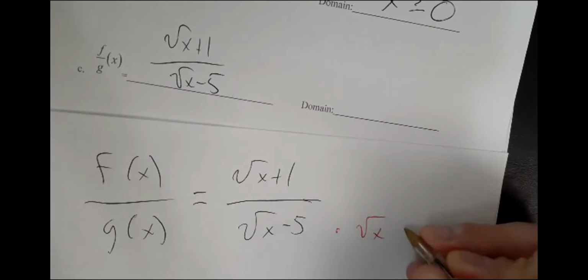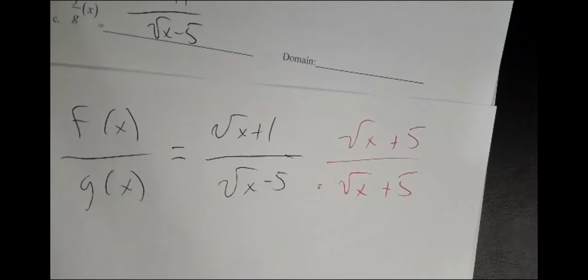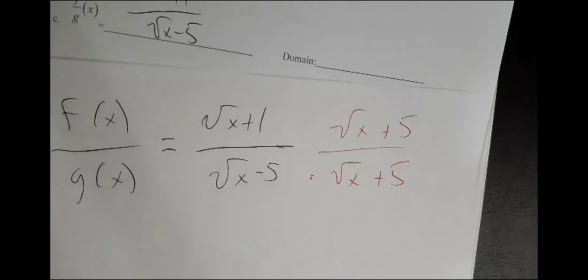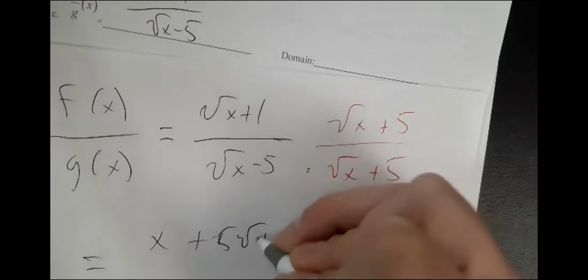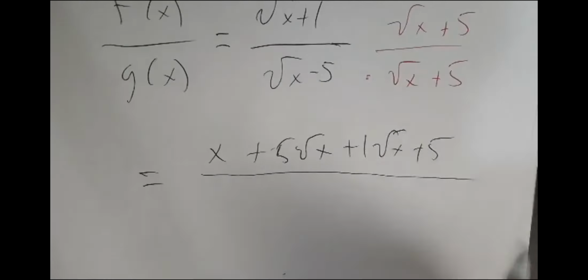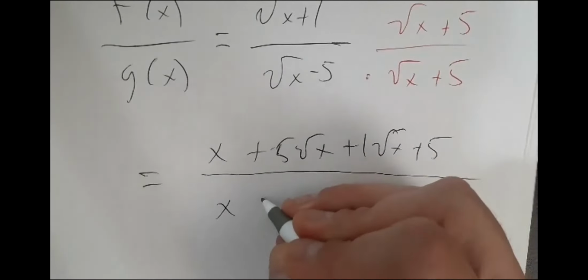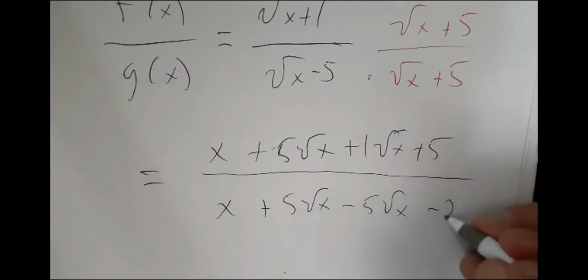The book likes to rationalize. What they might be doing is multiplying that thing by the conjugate. Multiplying by the conjugate, we get x minus 25 on the bottom.